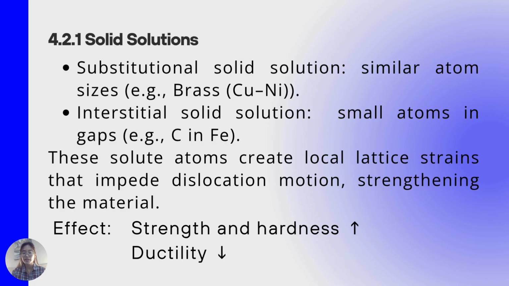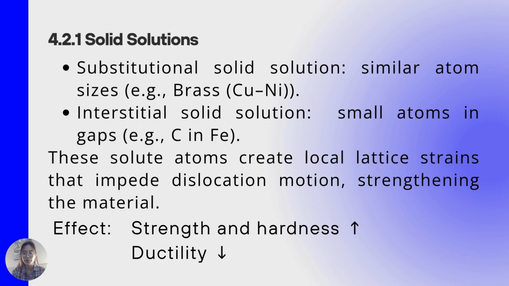The metals should have the same crystal structure and similar electronegativity and valence. Interstitial solubility, by contrast, occurs only with very small atoms like carbon, hydrogen, or nitrogen that can fit into the small spaces of the metal lattice. These solute atoms create local lattice distortion, meaning they slightly stretch or compress the surrounding lattice, which acts as a barrier to dislocation motion.